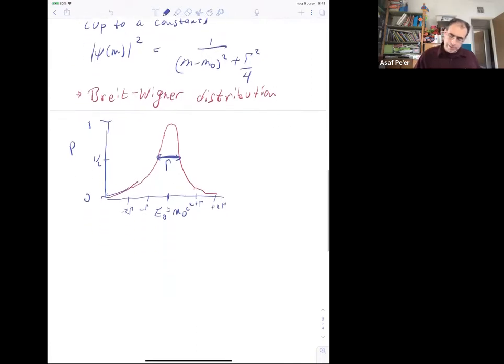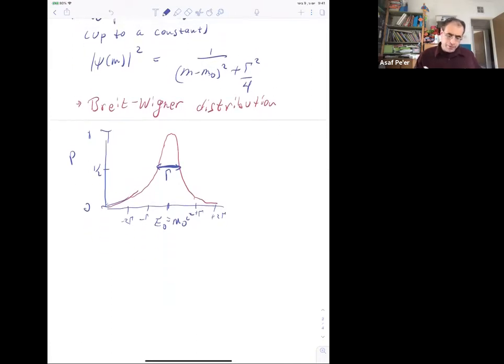Several properties: it peaks at m of m0. The width is gamma, and the particle lifetime tau is 1 over gamma.